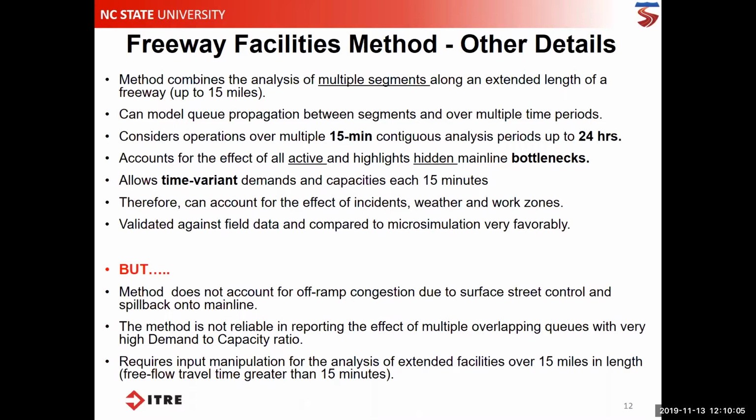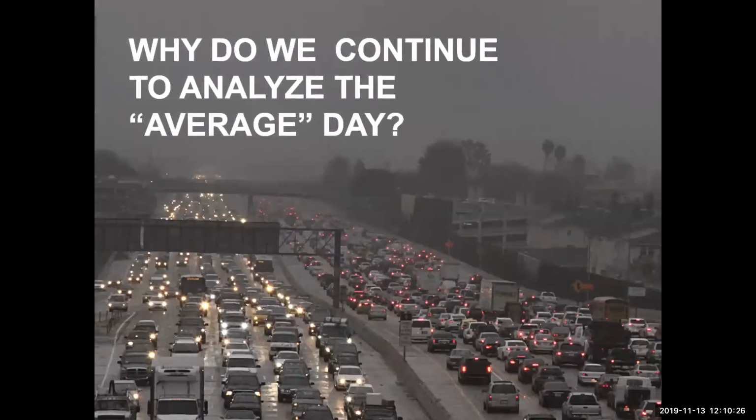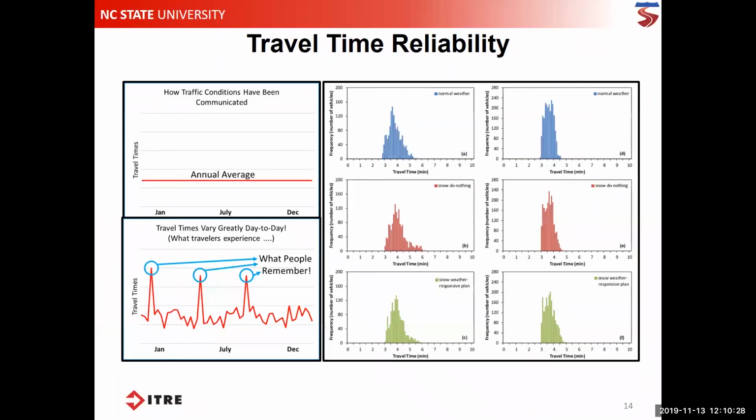It also requires some manipulation of the input data if you want to extend the analysis to a much longer facility. There is some work that has been completed at the University of Florida that actually will deal with at least the first question of the spillback.